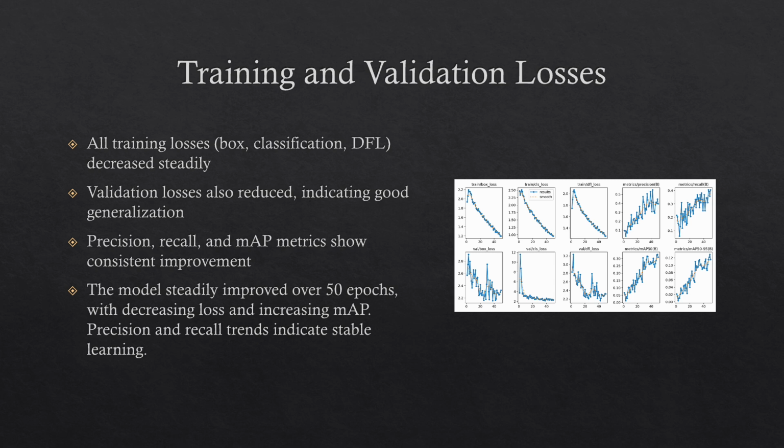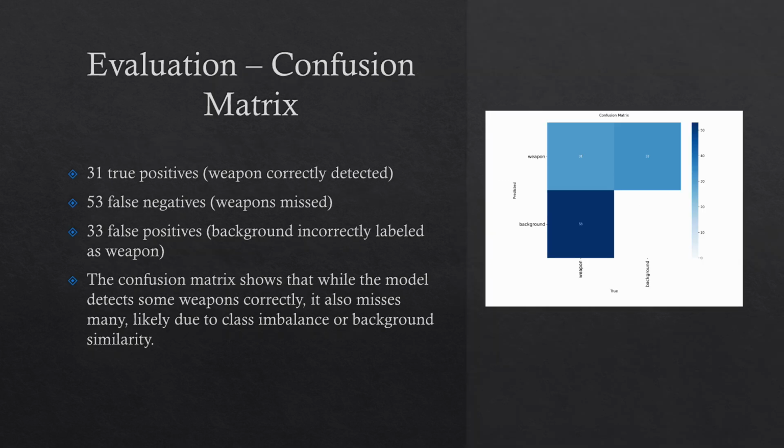Let me move on to the evaluation, the confusion matrix. I attached the confusion matrix here. It shows 31 true positives, that is weapons detected correctly, and 53 false negatives, which is more concerning, as these are weapons that the model missed, and 33 false positives, that is things wrongly identified as weapons.